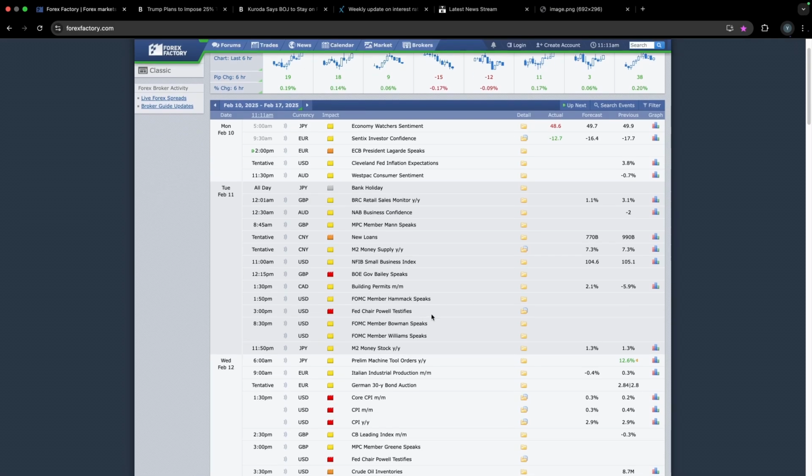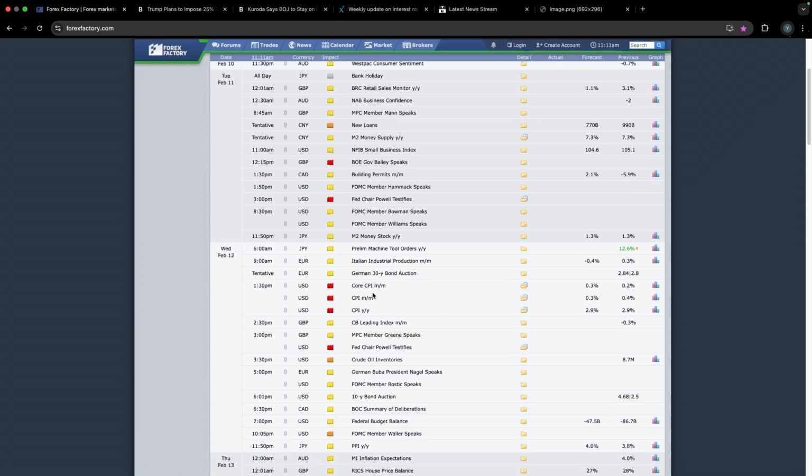Definitely a big week for the United States dollar, especially with the CPI, which might be one of the biggest quantitative data releases this month, because the Fed are very hesitant on making any decisions regarding rate cuts because they're going to find it very difficult to differentiate high inflation from the rate cuts and tariffs. So they want to let the sentiment cool down a little bit and then see what the situation is.